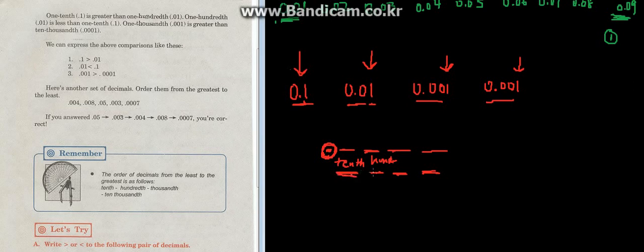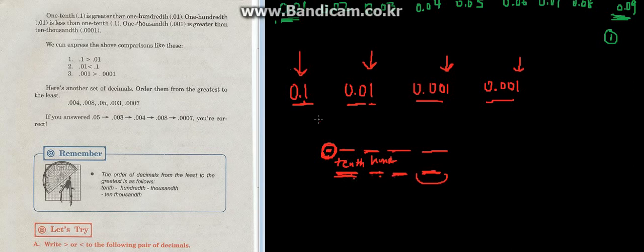Again, tenths are greater than hundredths, hundredths are greater than thousandths, and thousandths are greater than 10,000ths. That means the tenth is greater than the hundredth, the thousandth, and the 10,000th, and the 10,000th is smaller than the tenth, hundredth, and thousandth.